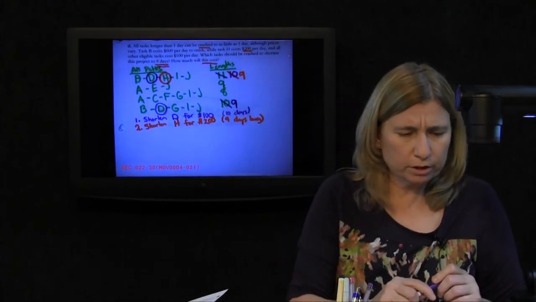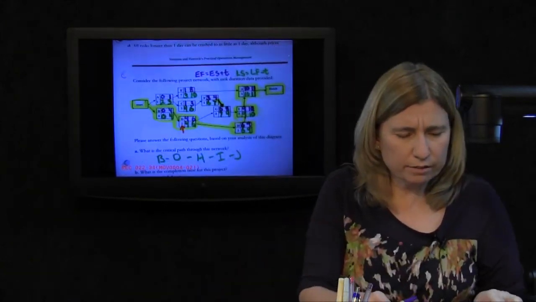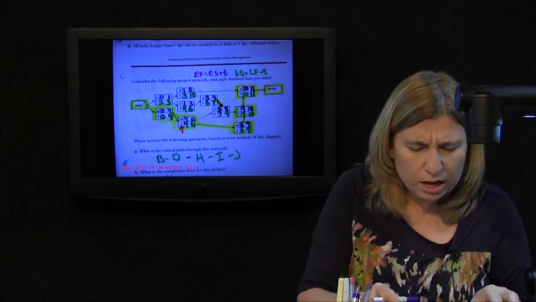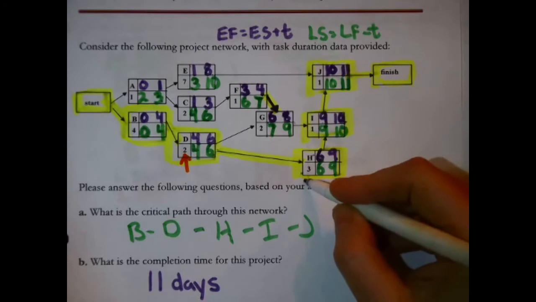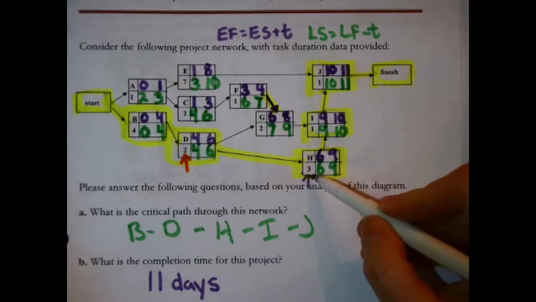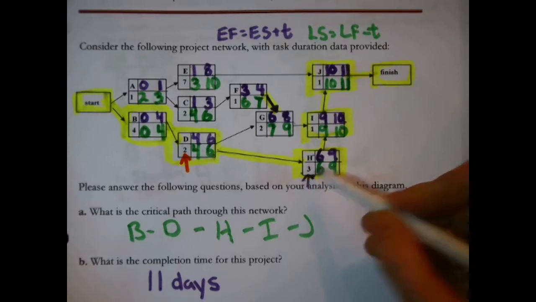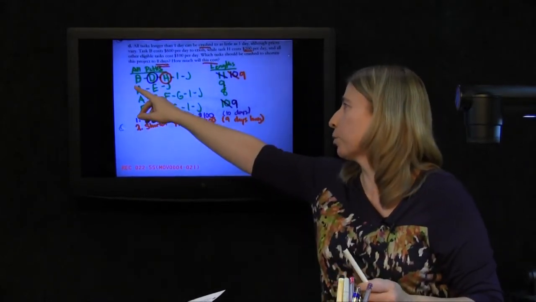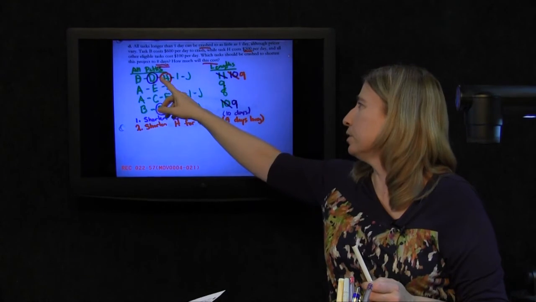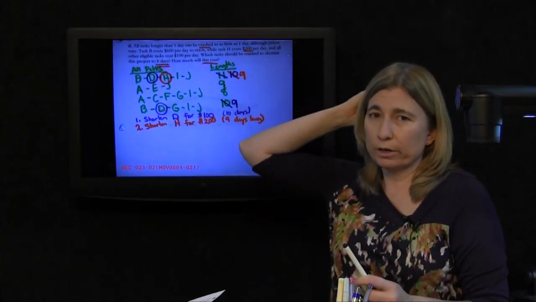Well, first off, let's see. Is there anything left in H? Yes, H was originally 3 days. So H is down to 2 days. So I could shorten H again. The reason that I'm looking at H is because I know that we have to shorten this path, B, D, H. And I know that B is a lot more expensive.